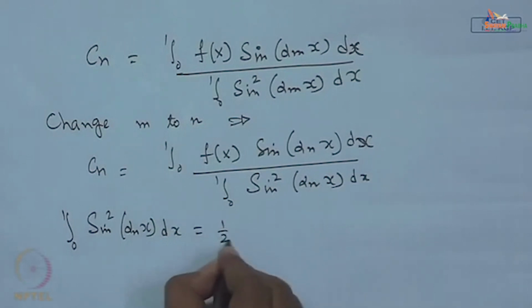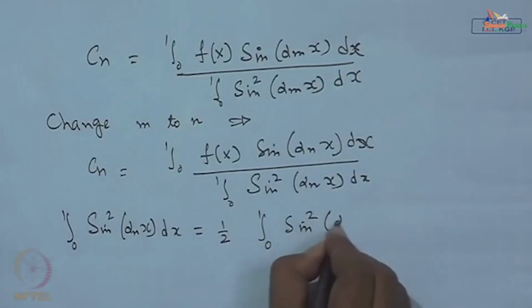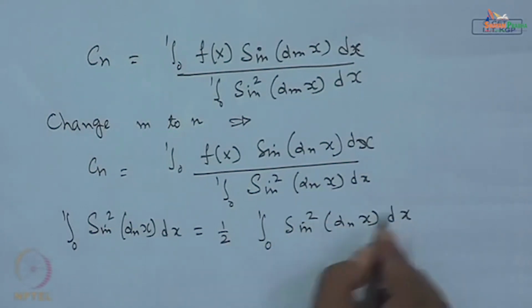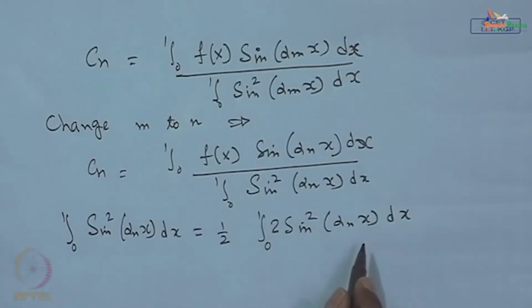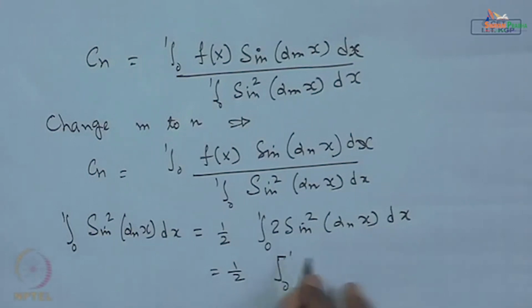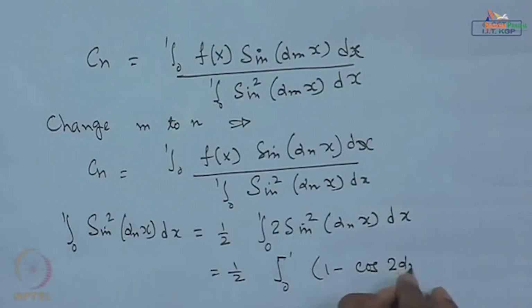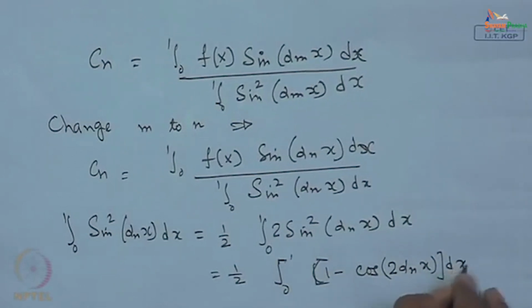We multiply both sides by 2, the numerator and denominator. This becomes the integral from 0 to 1 of 2 sin square alpha_n x dx, which is nothing but 1 minus cos 2 alpha_n x. So, this is nothing but the integral from 0 to 1 of 1 minus cosine 2 alpha_n x dx.